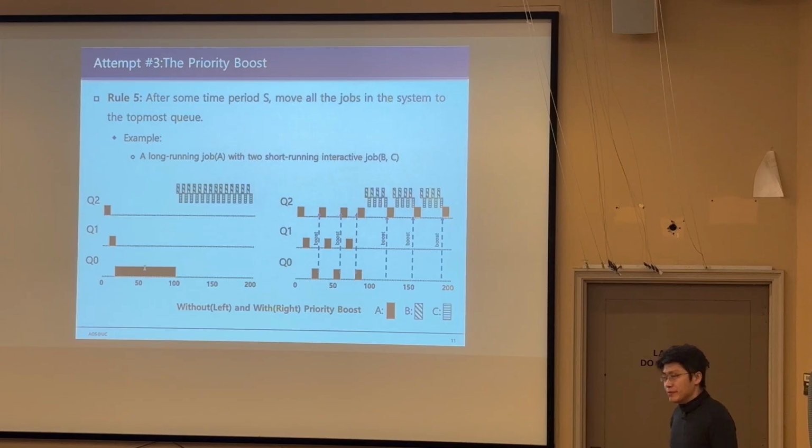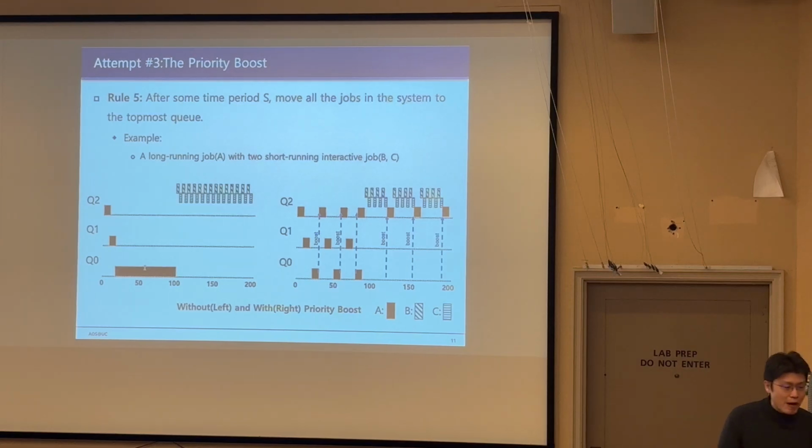So that's why we have another rule for the multi-level feedback queue: rule 5. After some time period S, move all the jobs in the system to the topmost queue.